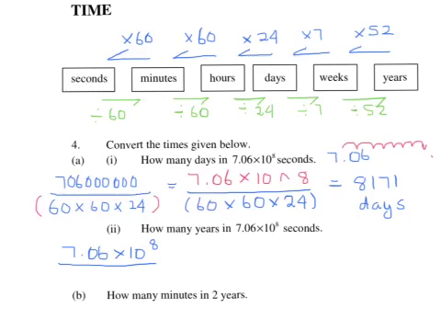So everything in the denominator, remember, needs to be in brackets. So we're up to days now when you're converting to weeks, and then to years. And if you pop that into your calculator, you will find it's about 22.45 years.